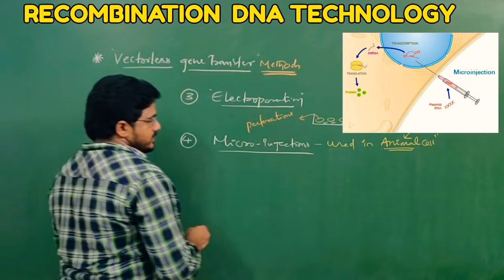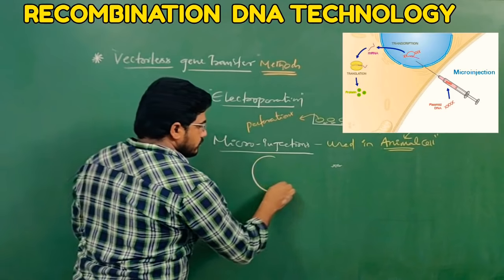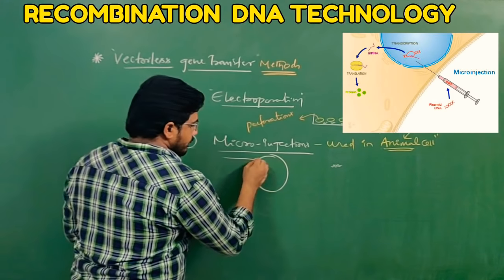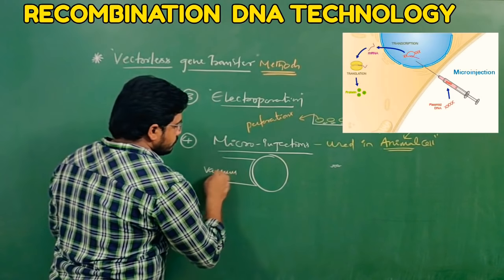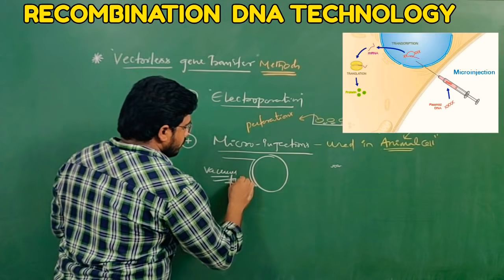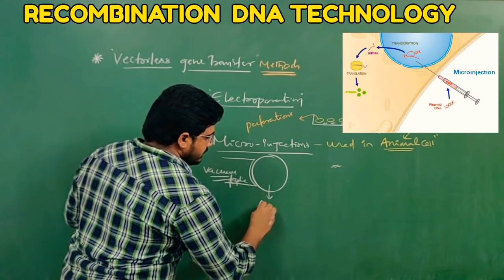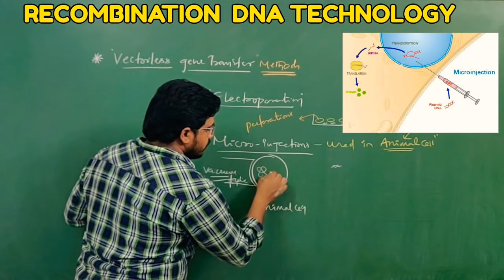How they will use it, let us see. This is the desired gene. This is the animal cell. The animal cell can be supported by a vacuum tube or pump, and this is the animal cell, and this is the genome.